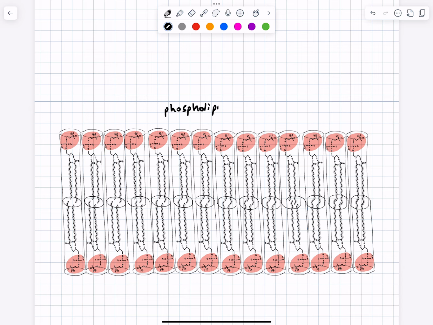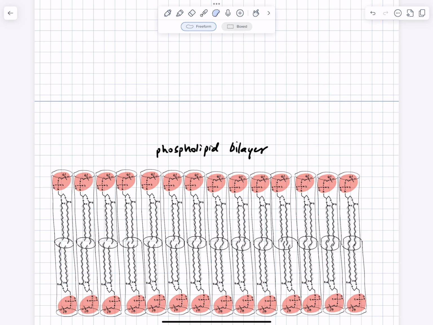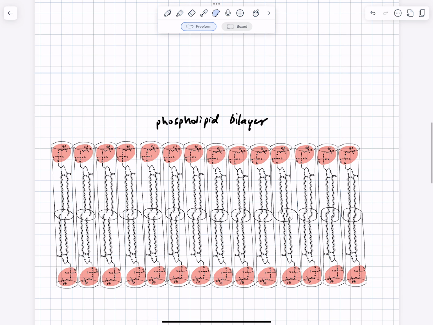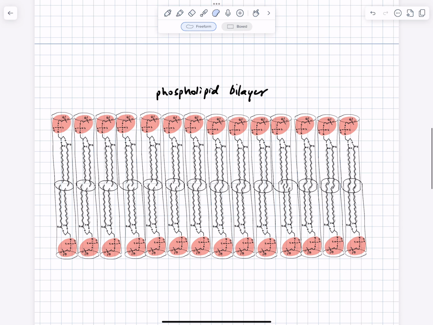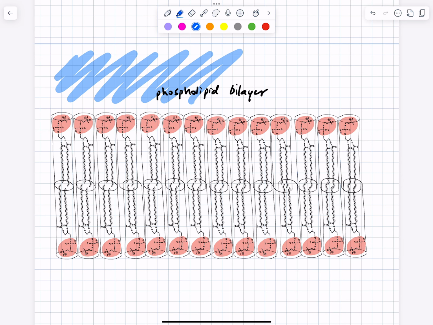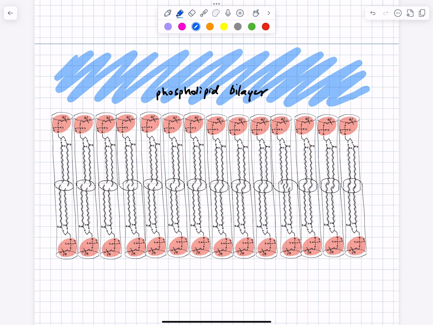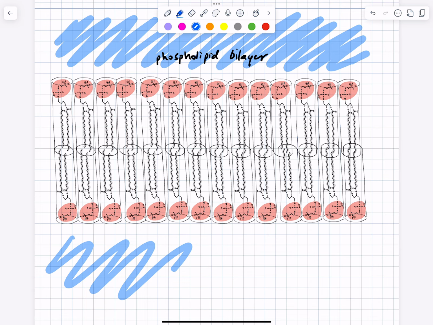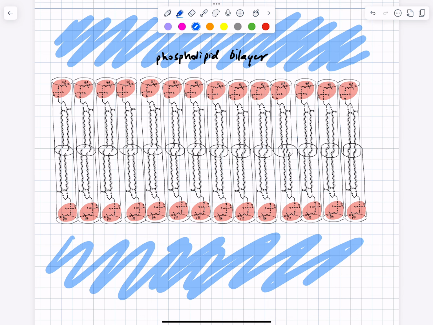And the phospholipid bilayer has two sides to it. It has an inner leaflet or monolayer and an outer leaflet or monolayer. The interior, as you can see, is nonpolar, and the exterior on either side is polar. Water can be on one side of the lipid bilayer and on the other side of the lipid bilayer.